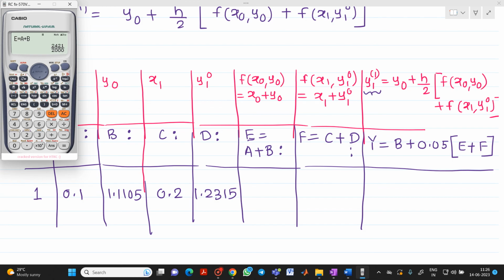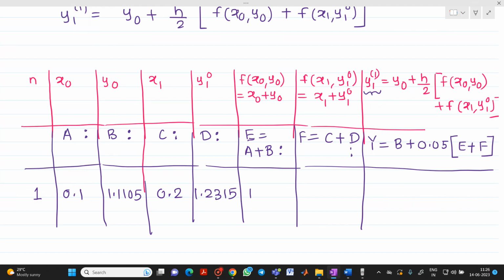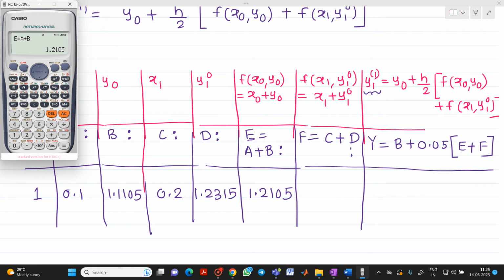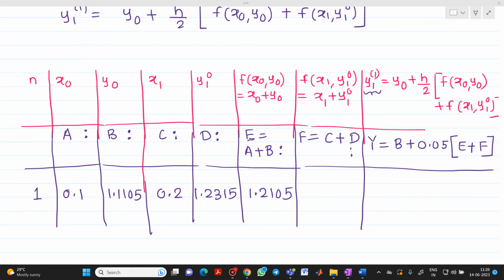Now what is the value of E? E will be 1.2105. What is the next value? So if you calculate, you will get this answer as 1.4315.